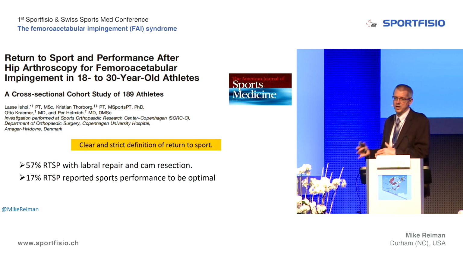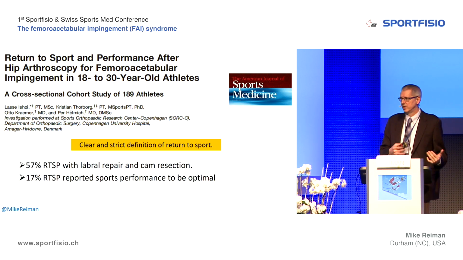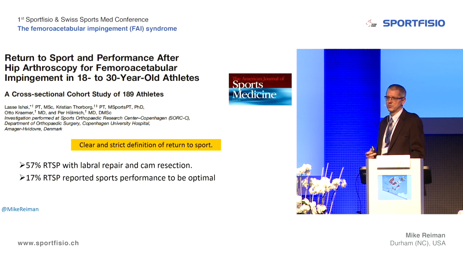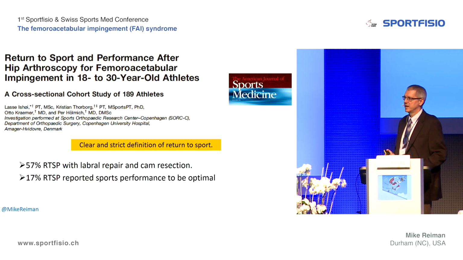Sometimes it says they're on the roster, sometimes it says they played an inning or whatever. So the definition of return to sport was very non-distinct. And in this group, they made it more distinct. Where we found 74% across all the studies, they found 57%. But then only 17% of them actually stated that they had optimal performance when they returned to their sport. So it's pretty disappointing.